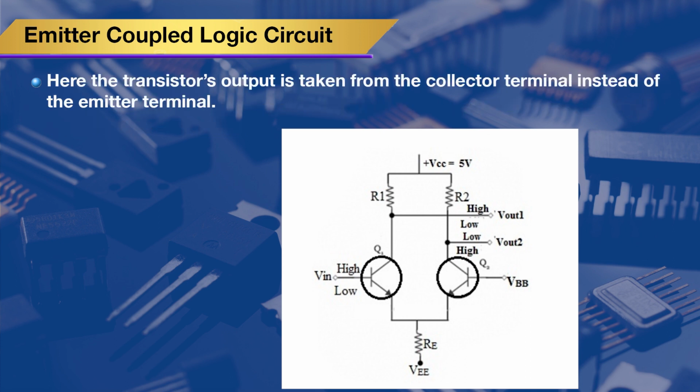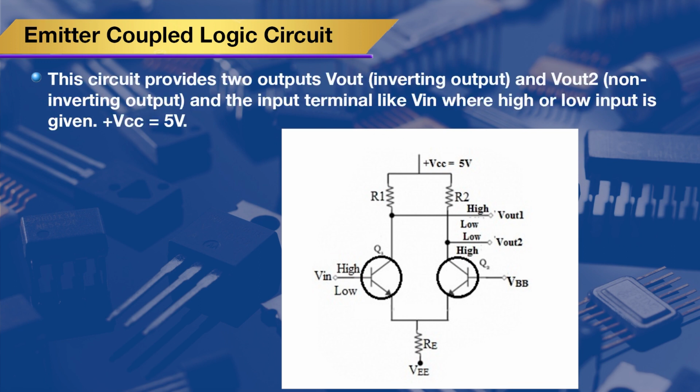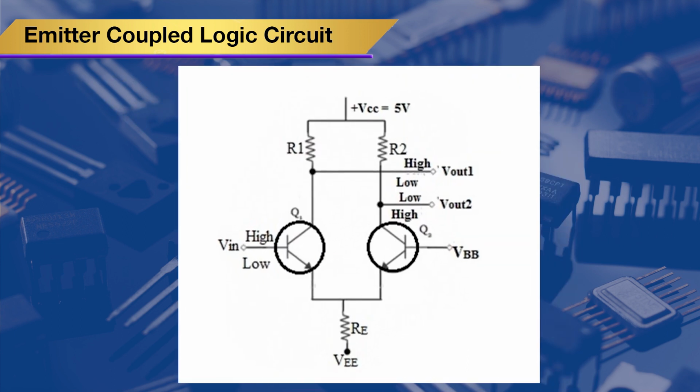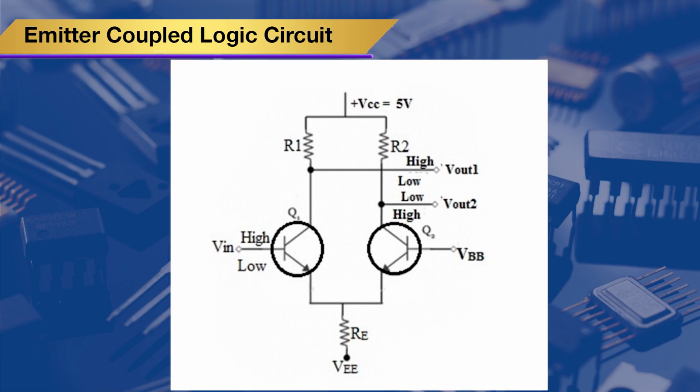Here, the transistor output is taken from the collector terminal instead of the emitter terminal. This circuit provides two outputs, Vout1 inverting output and Vout2 non-inverting output, and the input terminal Vin where a high or low input is given. VCC equals 5 volt. This figure shows the circuit diagram of ECL.